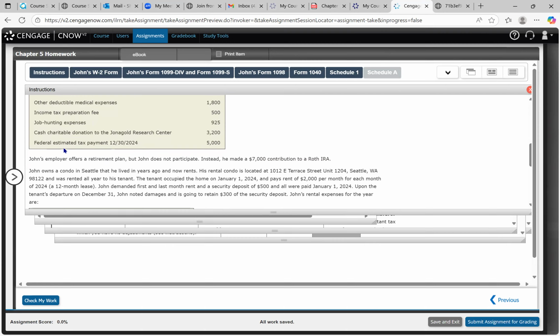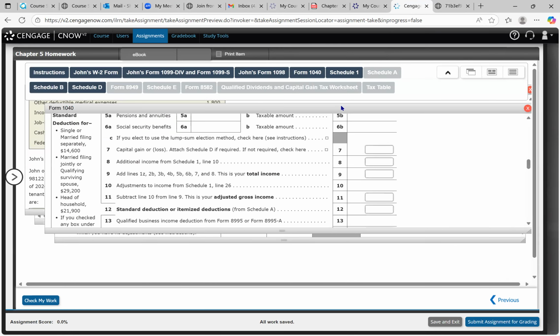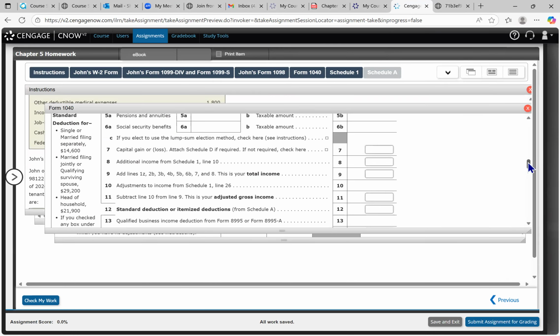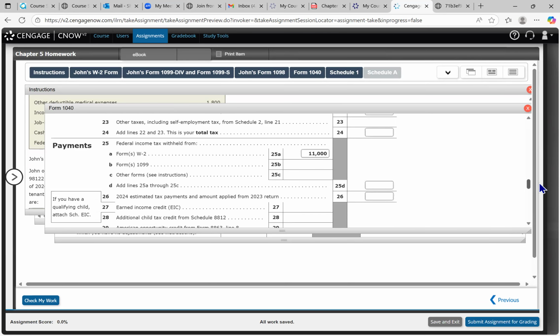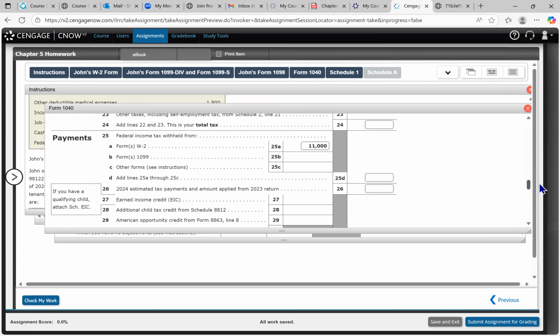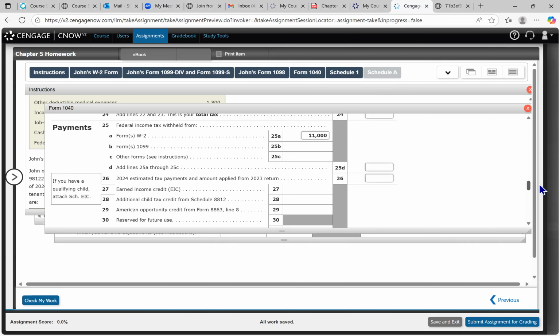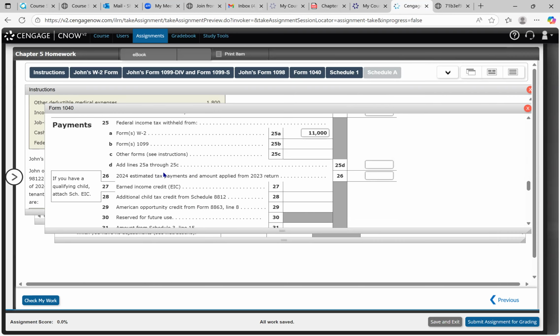It looks like he paid in some federal estimated taxes on December of 2024 of 5,000. So you'll want to make sure that information is put on the 1040 where you show estimated taxes. This 2024 estimated tax payments of 5,000 would be placed there.